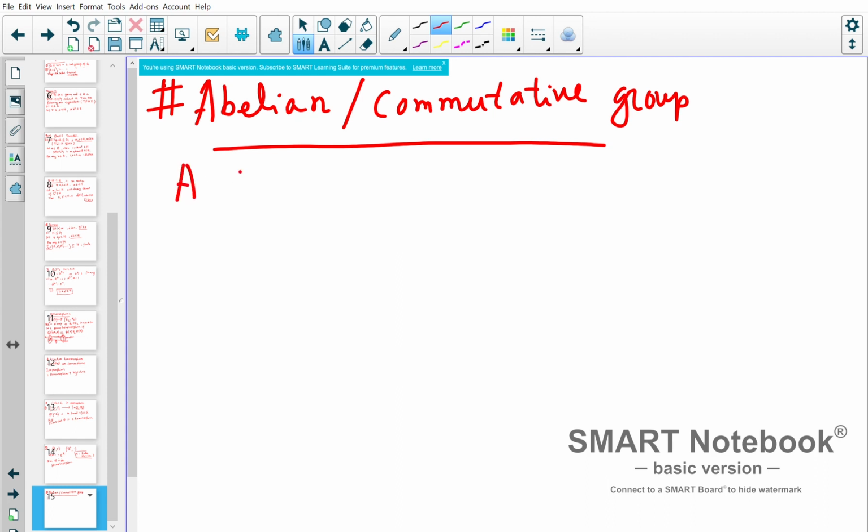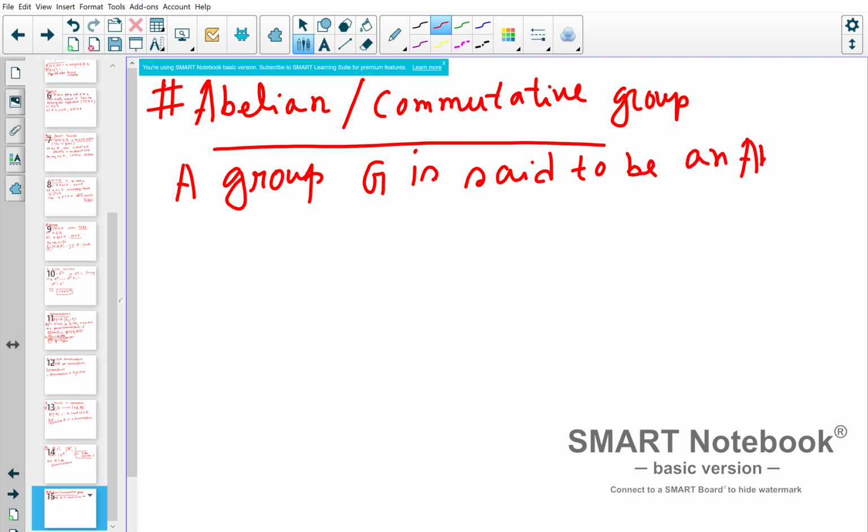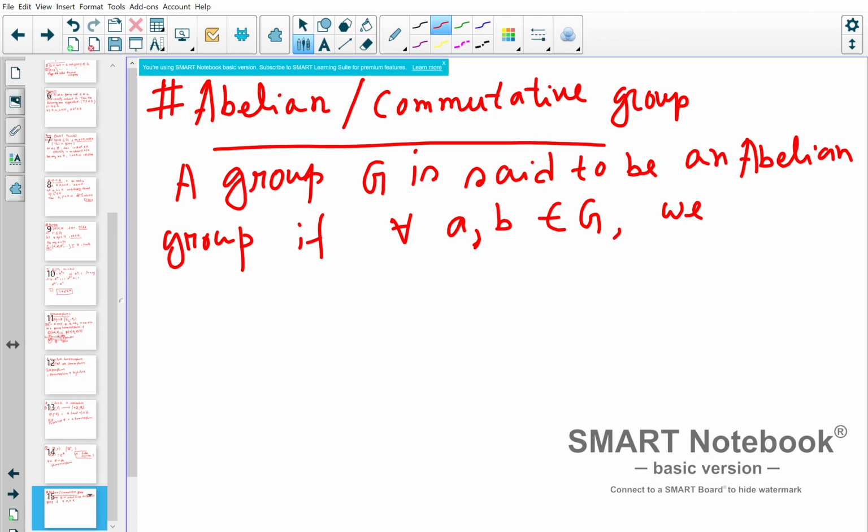So a group G is said to be an abelian group if for all A and B belonging to G, the product AB is the same as the product BA.